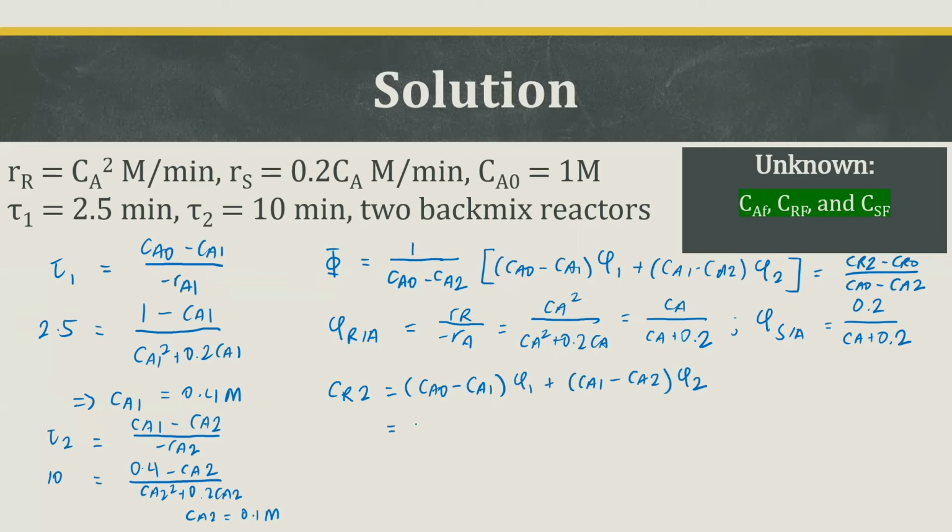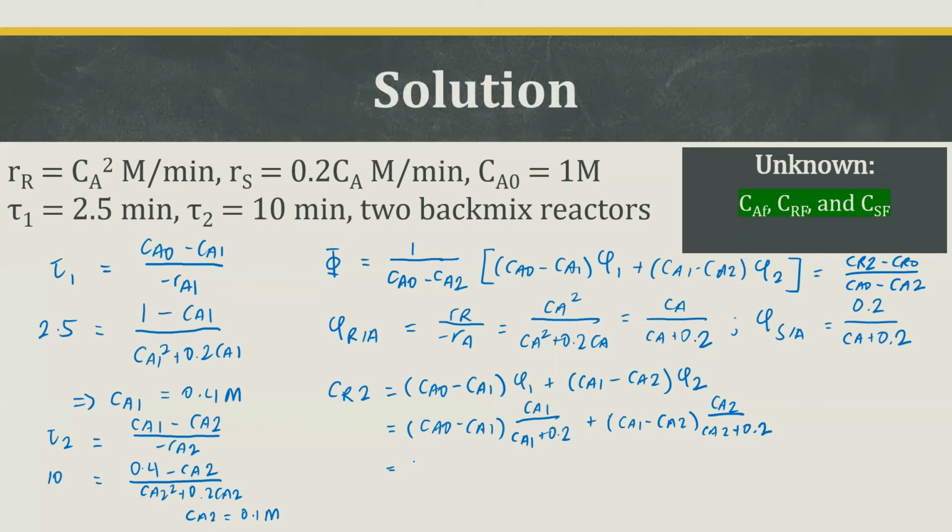And the phi of 1 is equal to Ca1 all over Ca1 plus 0.2. Okay, so let's write that down. And then similarly, for phi of 2, that's Ca1 minus Ca2 times Ca2 all over Ca2 plus 0.2.